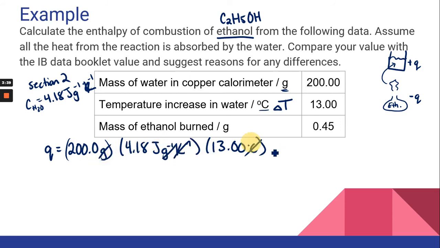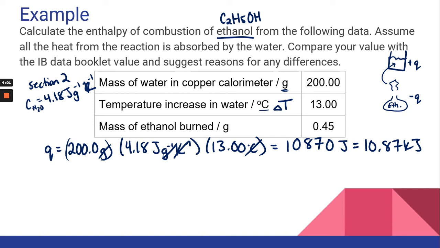And so our grams also cancel, and that tells us we released 10,870 joules of heat. Now that's a very large number, so a lot of times we decrease the size of that by putting it into kilojoules. So we would move the decimal 3 places to the left, 10.87 kilojoules.